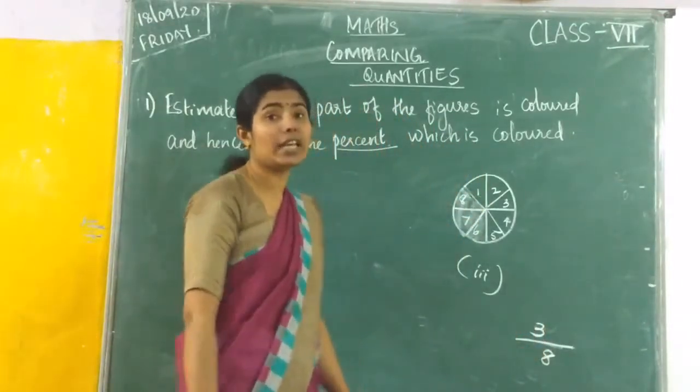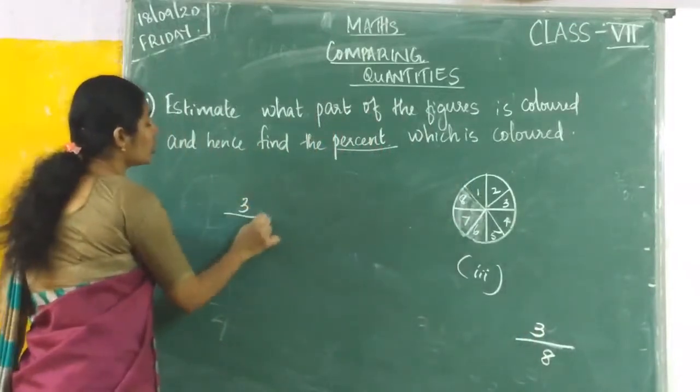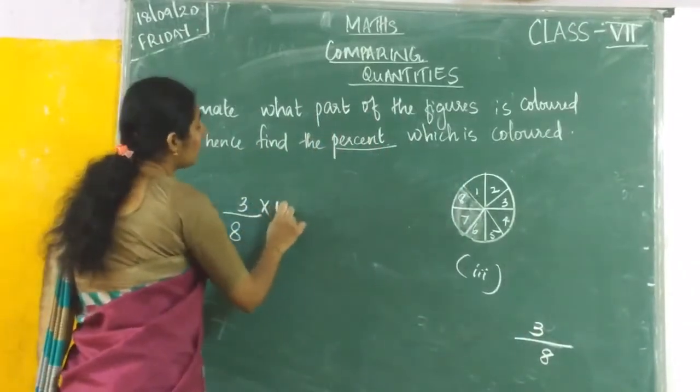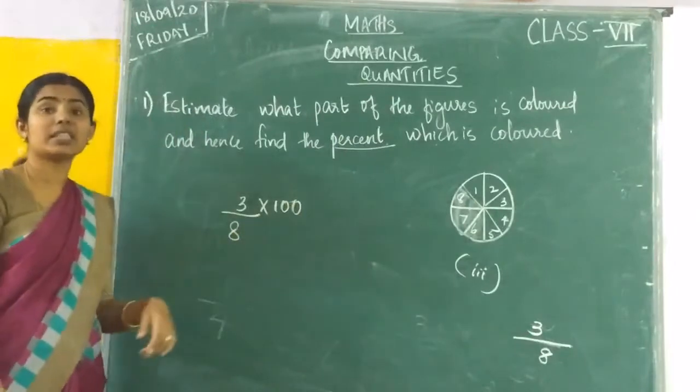So the fraction is 3 by 8. Now this fraction we should multiply by 100 to get percentage.